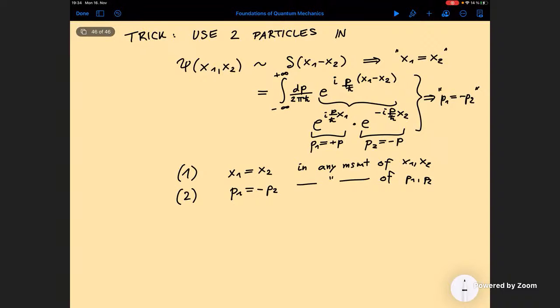I know that x2 equals x1. So on particle 2, I'm smart, and I'm actually measuring the momentum, p2. And so then I know everything about particle 2, both x2 and p2: x2 by inferring it from x1, and p2 by direct measurement.